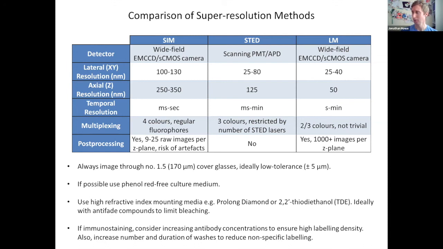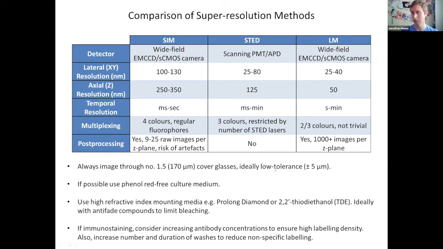Localization microscopy, on the other hand, is arguably the most restrictive, because you need to either introduce enough photoactivatable fluorescent proteins into your sample, or find a blinking buffer that works and achieves the necessary density of blinking events for multiple fluorophores. So it's not a trivial exercise. In terms of post-processing, STED, as I mentioned, is the only technique that outputs a raw super-res image. You can deconvolve that if you wish, using a STED point spread function.